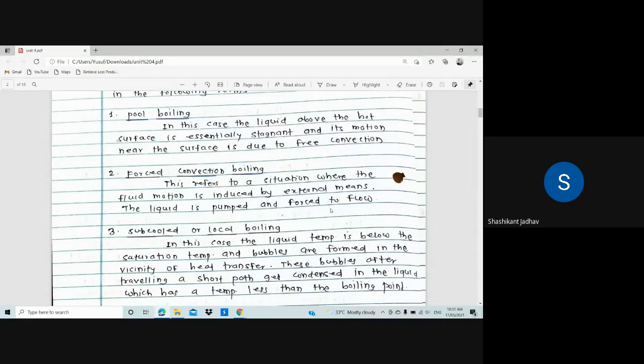The liquid is pumped and forced to flow.